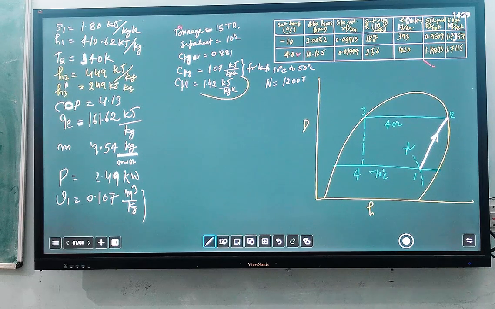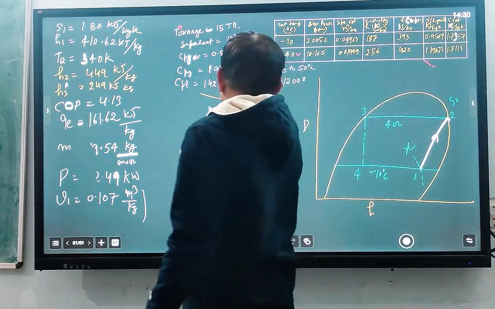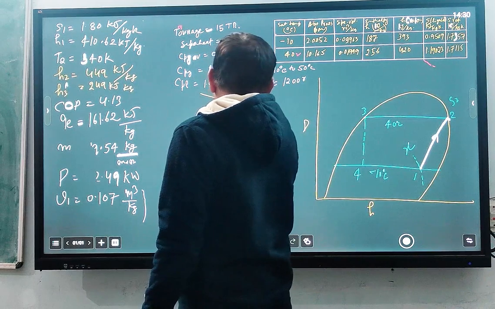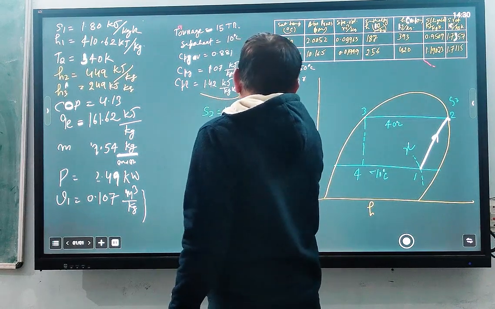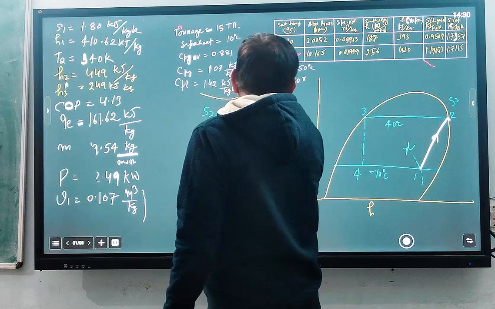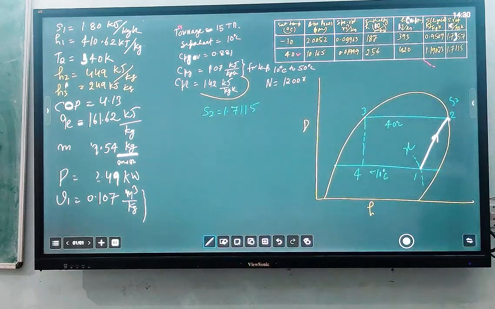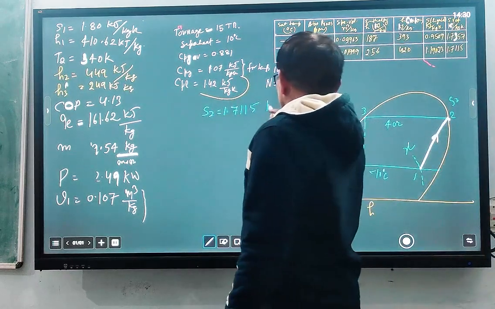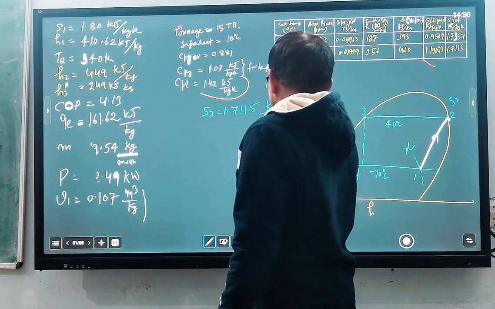So now see, you know what S2 is. From the table you see that S2 is given. S2 for 40 degrees centigrade temperature, because this is the case of the fully saturated state, is 1.7115 kilojoule per kg Kelvin.